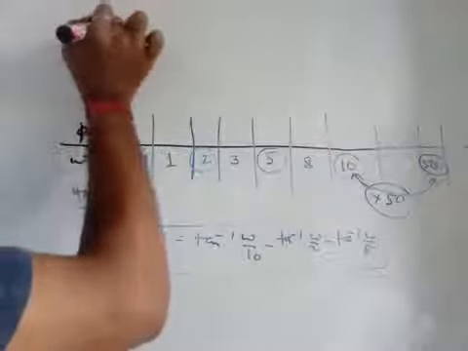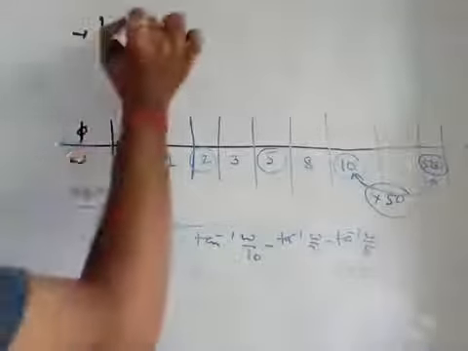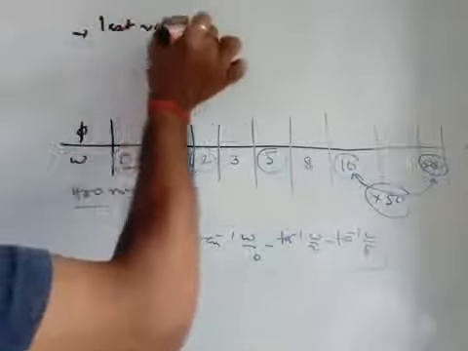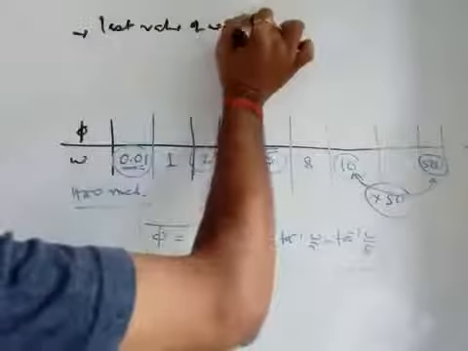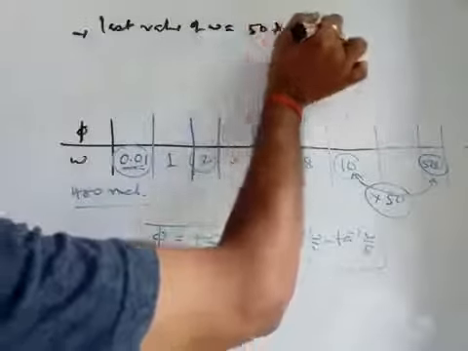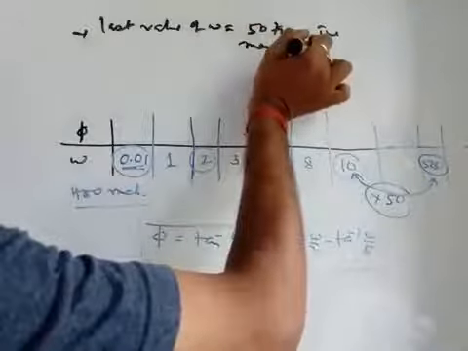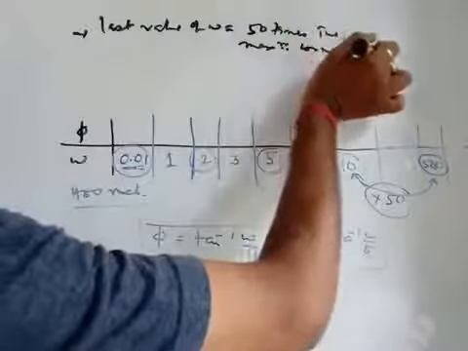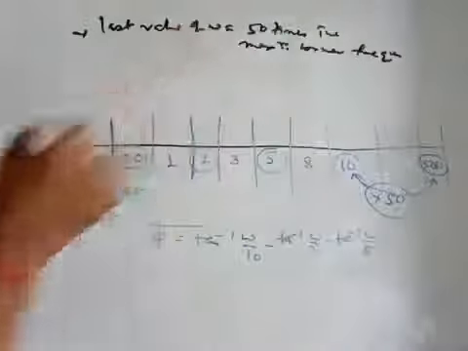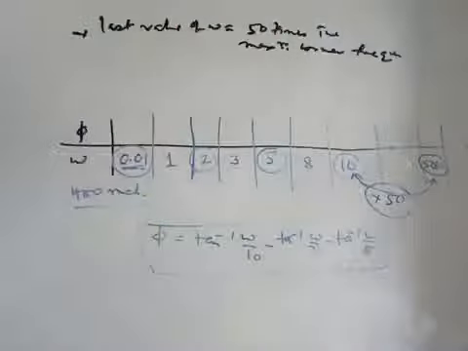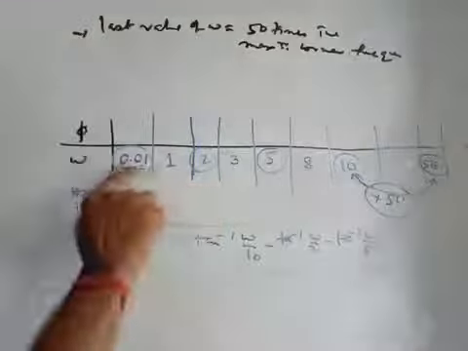So the last value of omega is equal to 50 times the maximum corner frequency, right?